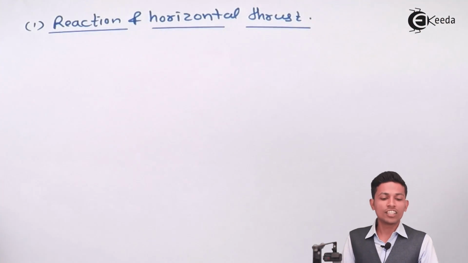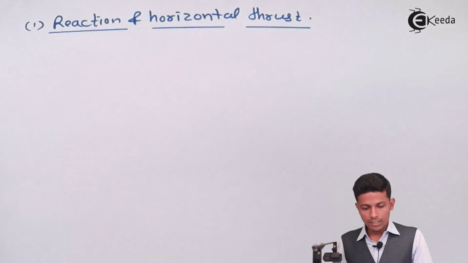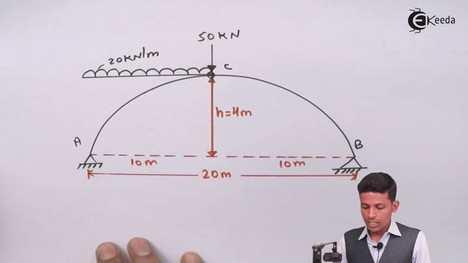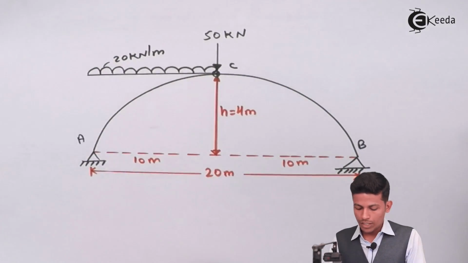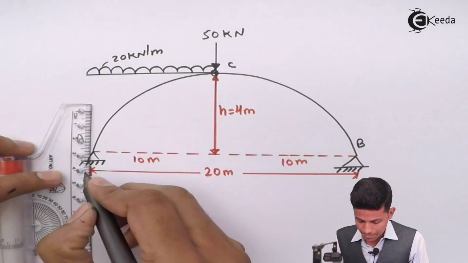First of all, find the reaction. In reaction, see, this is your hinge and this is also a hinge, so the reactions will come like this.